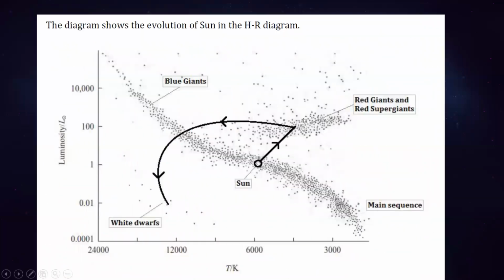So as you can see, the diagram shows what will happen to our sun. The sun right now is a main sequence star, then it will turn into a red giant. When the sun turns into a red giant, the size of the sun will increase. And then from red giant, it will turn into a white dwarf.